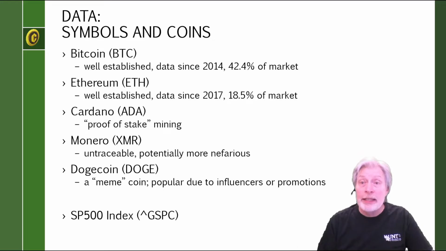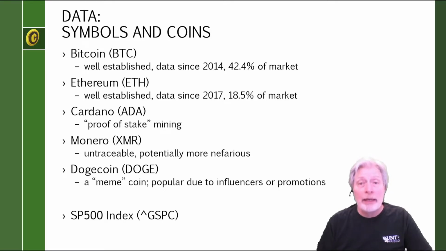For this analysis, there were 5 coins somewhat arbitrarily chosen. The first 2 were chosen because of their size. Bitcoin and Ethereum combined comprise 60% of the digital currency market. Cardano was chosen because it uses a more economically friendly mining operation called proof of stake, compared to the more intensive proof of work approach used by the other coins.